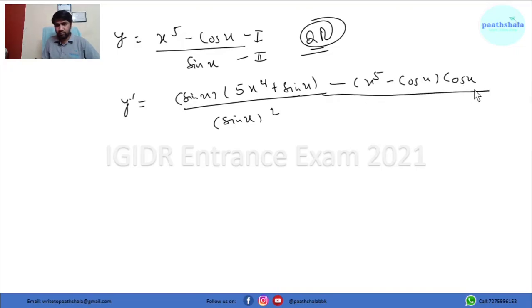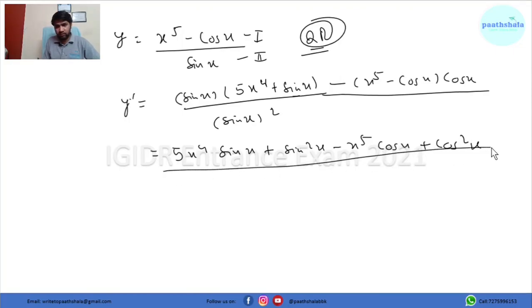Okay, now let's solve it. This will become (5x power 4 sin x plus sin square x minus x power 5 cos x plus cos square x) whole upon (sin x) whole square.